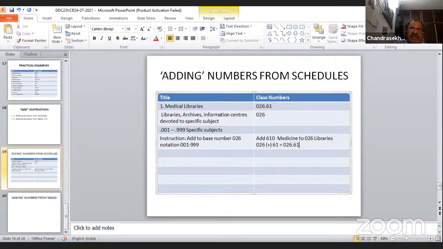So 026, then after the first three digits we have to put a point, then 610. The last 0 has no value in the classification, so we are omitting that. Okay, you got the point.